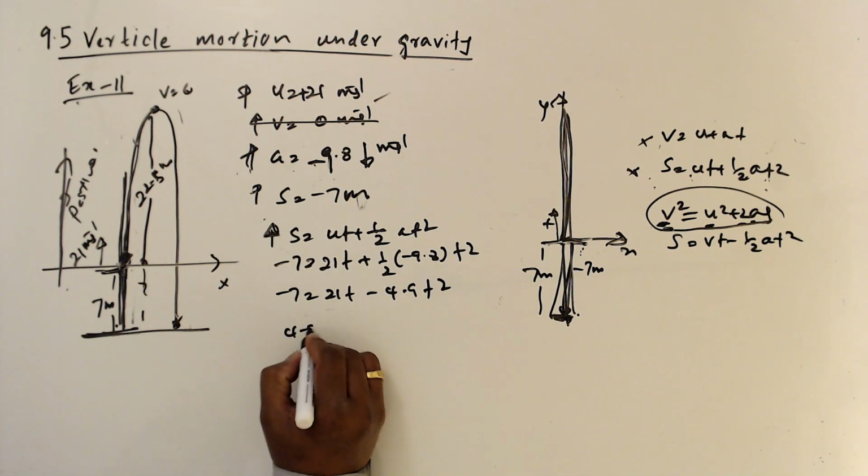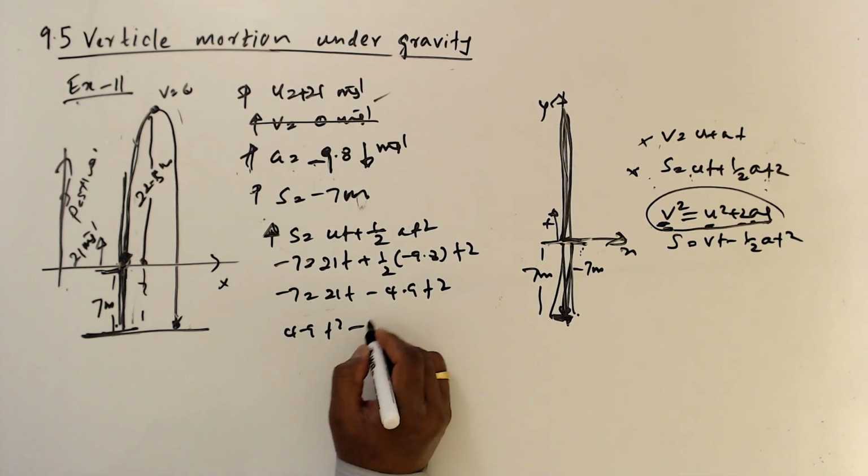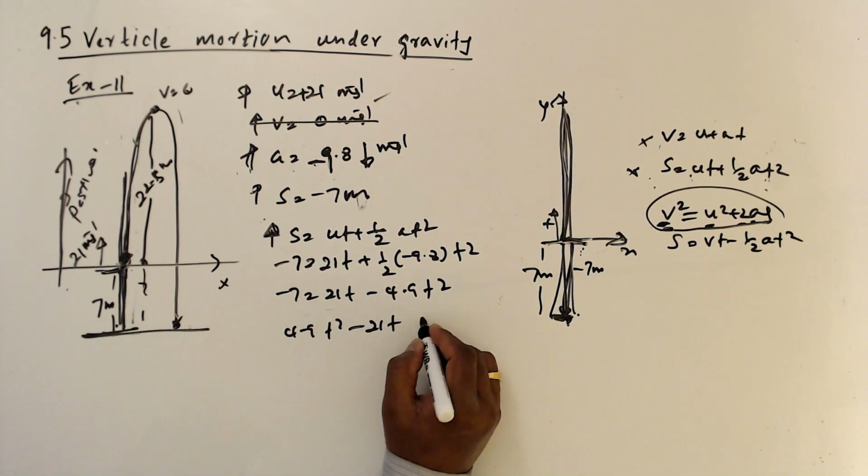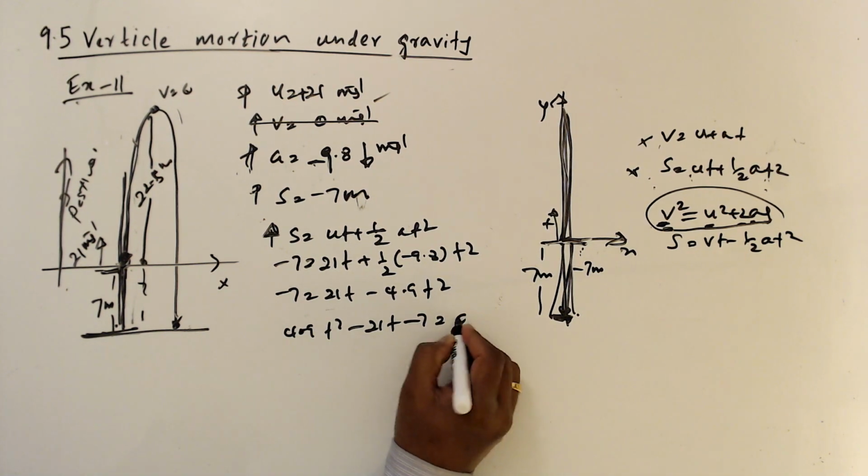So 4.9 t square minus 21t minus 7 equals 0.